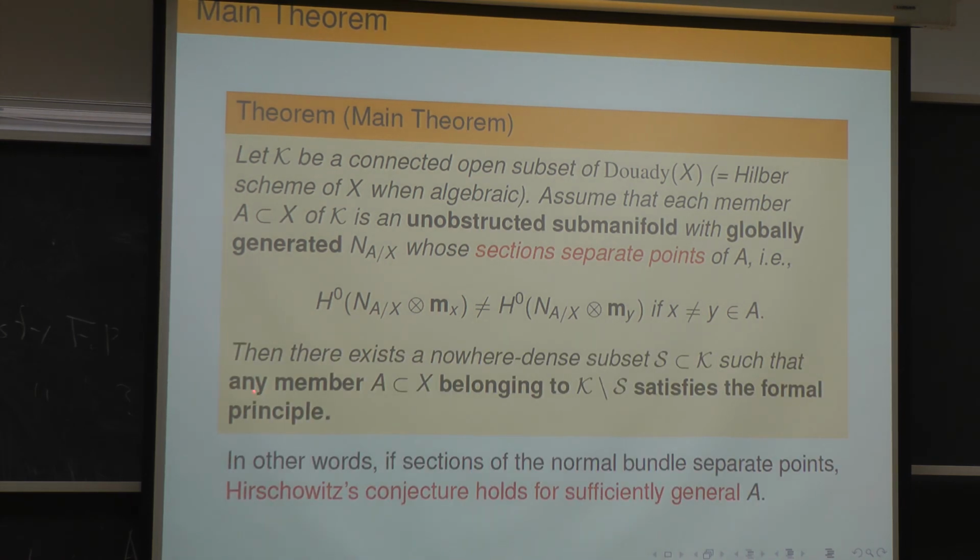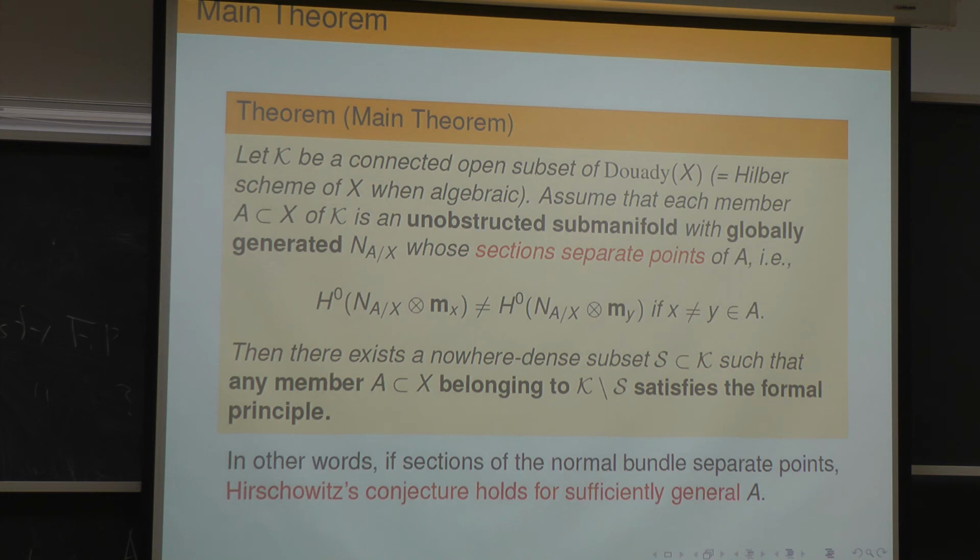Then the result says that there exists a nowhere dense subset of this open set such that any member belonging to the complement of this nowhere dense subset satisfies the formal principle. So in other words, the result says that if we assume that the normal bundle is globally generated and separates points, then the Hirschowitz conjecture holds for sufficiently general A. So it's not exactly all A, but you need to exclude some special subset.